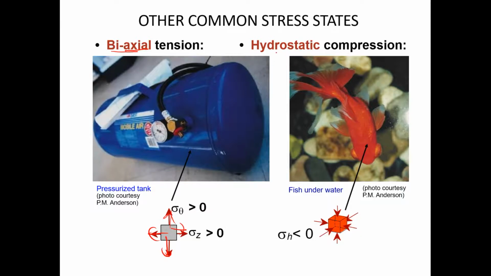And another one is hydrostatic compression. As the name denotes, hydro means something to do with water. So a fish underwater is experiencing this kind of stress. It's hydrostatic compression, whereby the water is compressed, giving some compressive stresses to this fish underwater.